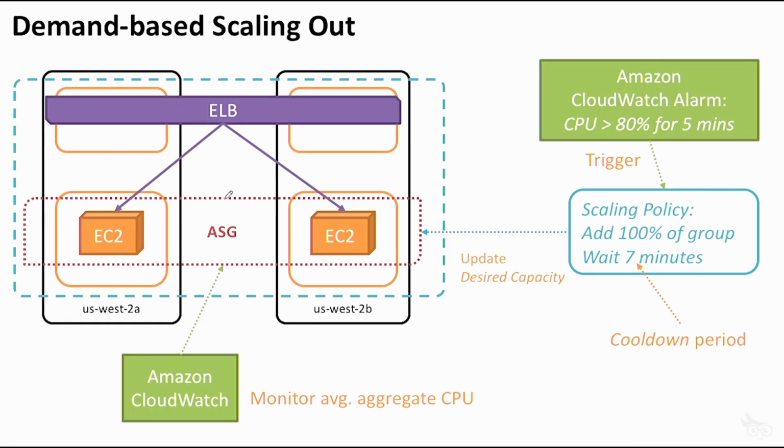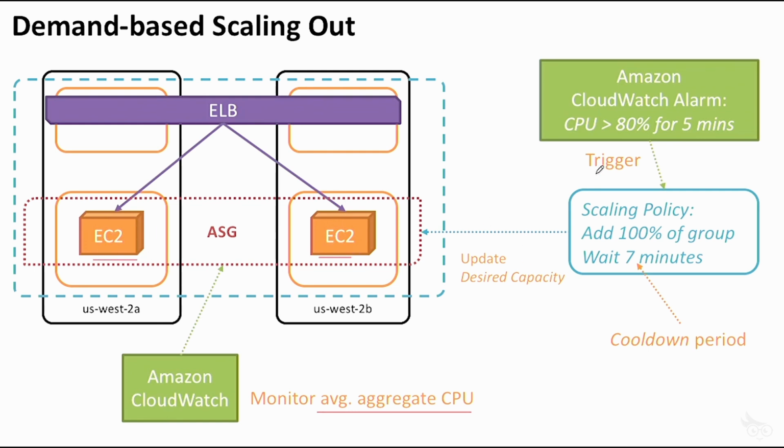So what we're looking at here is how we can leverage auto-scaling group and Amazon CloudWatch alarms to monitor. In this particular example, what we're going to monitor is the average aggregate CPU across all of the machines in this auto-scaling group.